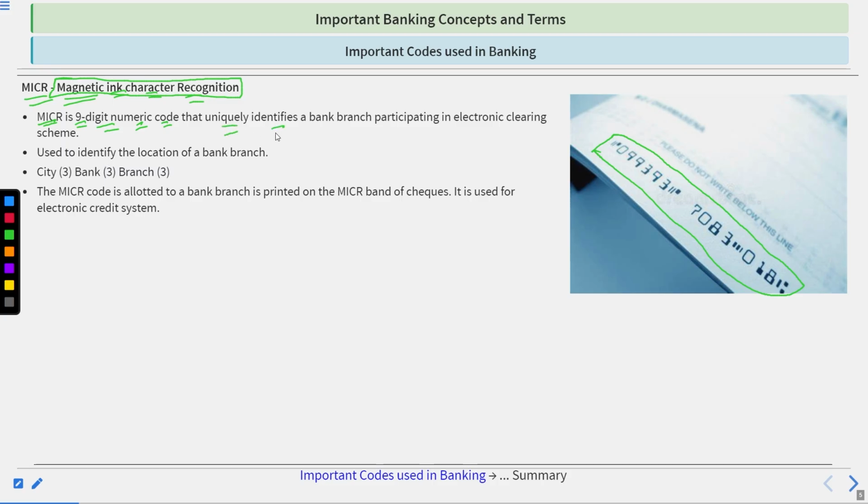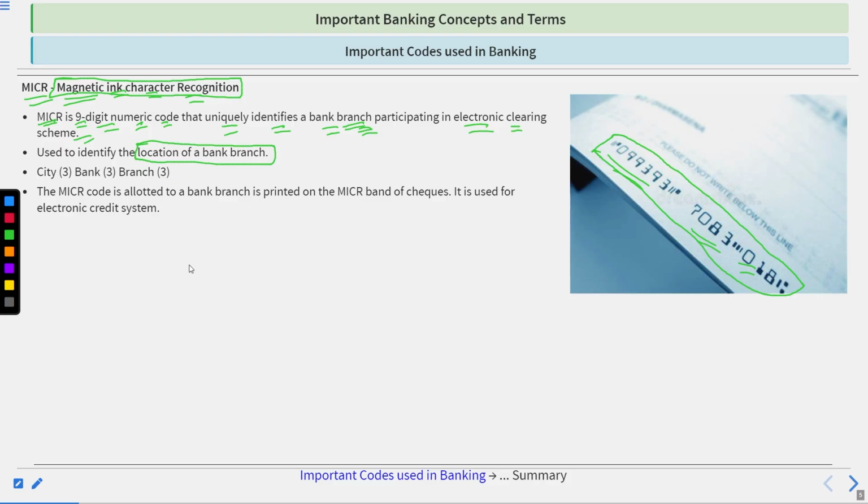It uniquely identifies a bank branch participating in the electronic clearing scheme. By reading these numbers, the fund transfer service provider could easily identify which bank branch is participating in this electronic clearing scheme. It is used to identify the location of a bank branch.